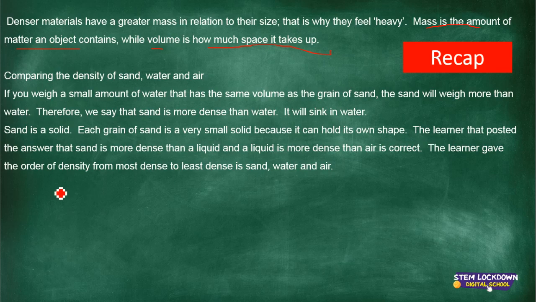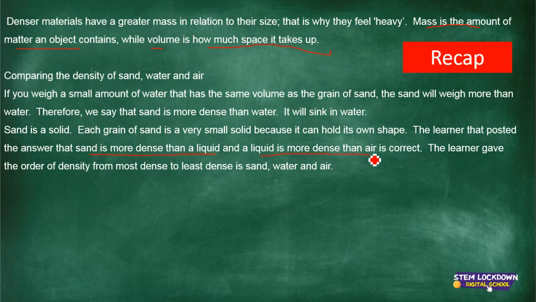Now, the learner that posted the answer that said that sand is more dense than liquid and liquid is more dense than air, this is correct. I'm just going to recap over here. We say sand is more dense than a liquid and a liquid is more dense than air.